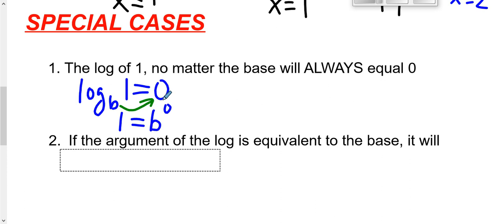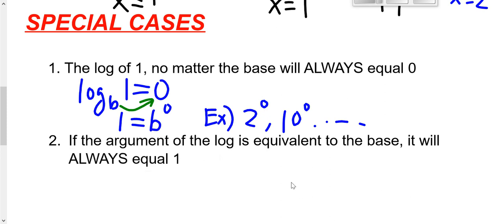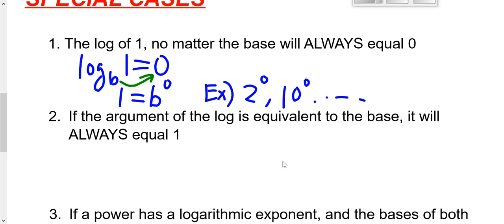Like this example here. You can have 2 to the power of 0, that gives you 1. 10 to the power of 0, that gives you 1, and so on and so forth. Okay, second thing here, if the argument of the log is equivalent to the base, it will always equal 1, like this.